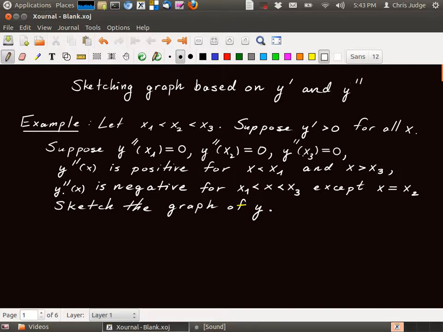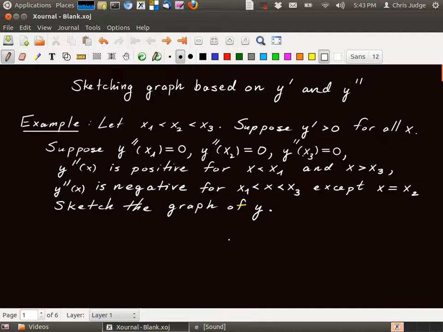Finally, we're told that the second derivative is negative for x between x1 and x3, except of course at x2 we already know that it's 0. And we're asked to sketch the graph of the function y.